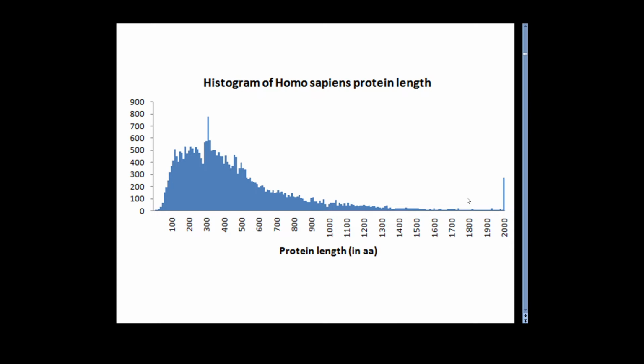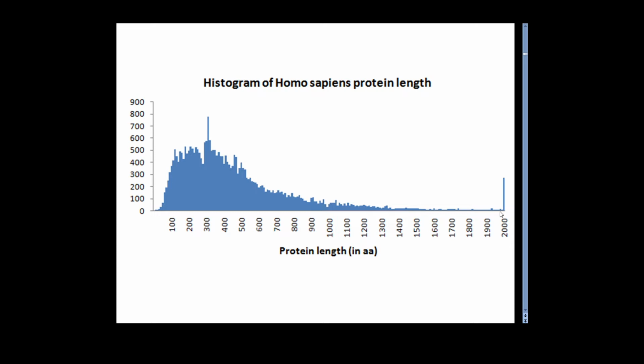Now the length of proteins, the number of amino acids, the distribution of protein lengths, beginning from some tens of amino acids, with a maximum from 200s to 500s as the main peak, and gradually decreasing, but some proteins in our cells consist of up to 2000 amino acids. Usually these are membrane channels.